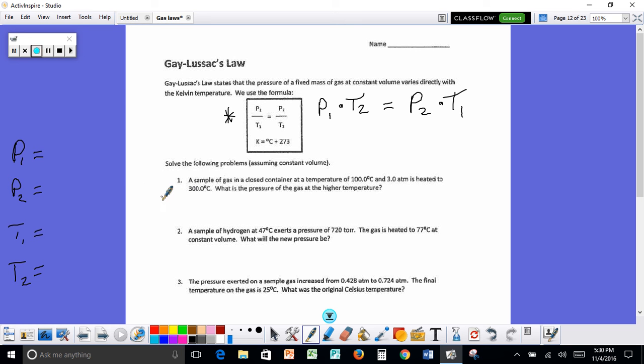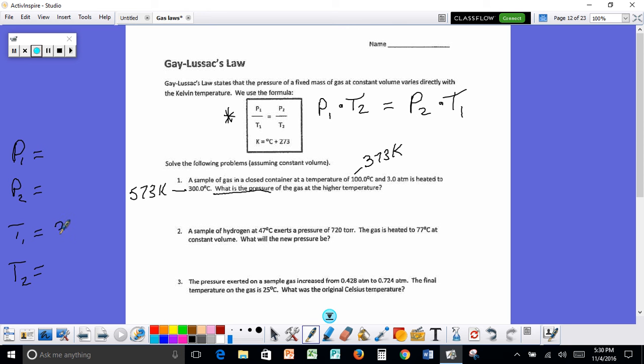So a sample of gas in a closed container at a temperature of 100 degrees Celsius, which is 373 K, and 3 atmospheres is heated to 300 degrees Celsius, which is 573 K. What is the pressure of the gas at the higher temperature? So let's go ahead, keep track of our givens.